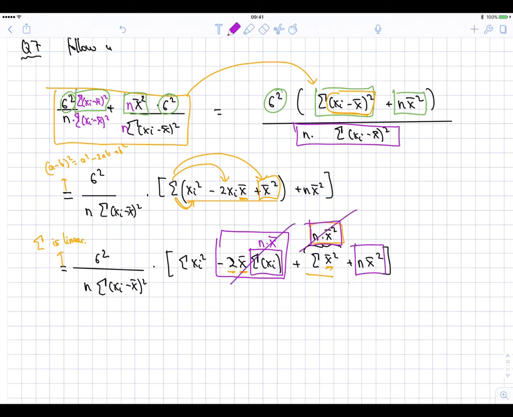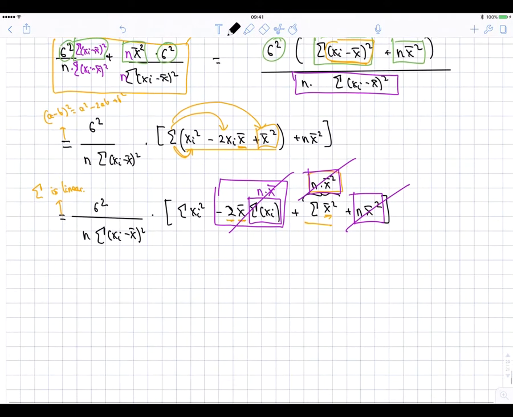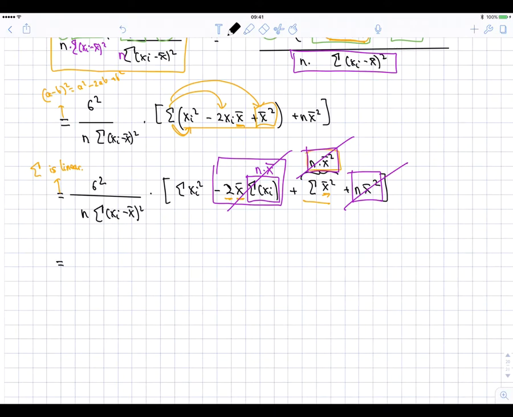This will cancel. Those things will cancel. So then what I will have is simply sigma square sum of xi square over n sum xi minus x bar squared.